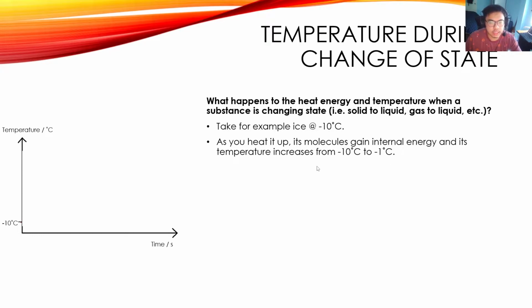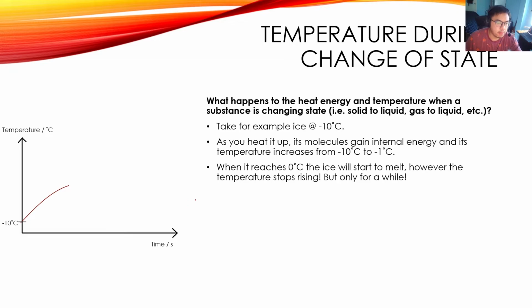Its molecules gain internal energy and its temperature increases from minus 10 degrees Celsius to minus 1 degree Celsius. So let's look at the graph. As you can see, when you heat up the ice, its temperature increases. Nothing unusual there. But when it reaches 0 degrees Celsius, the ice will start to melt.